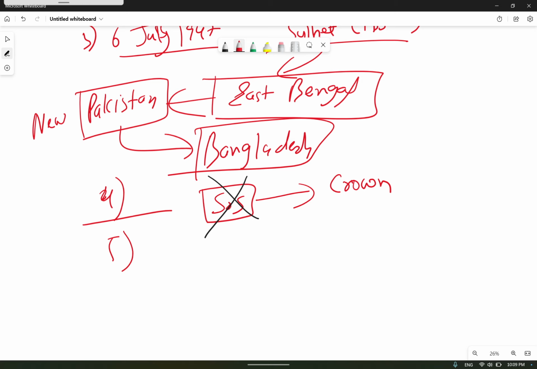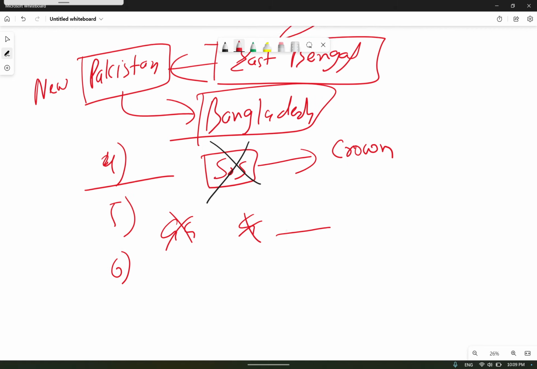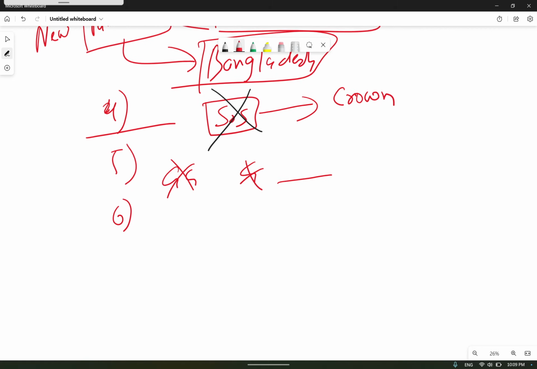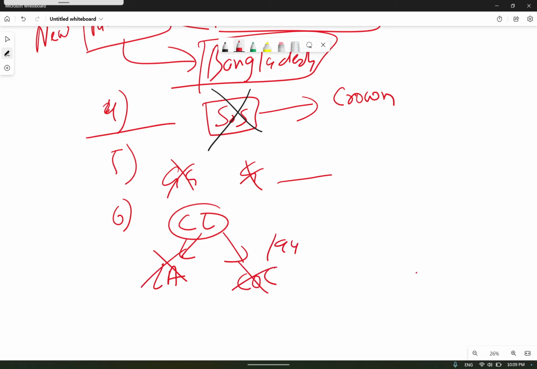The Governor General and the Governors lost their extraordinary power of legislation. The central legislature of India, composed of the Legislative Assembly and the Council of States, ceased to exist from 1947.